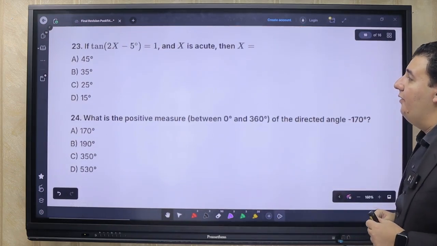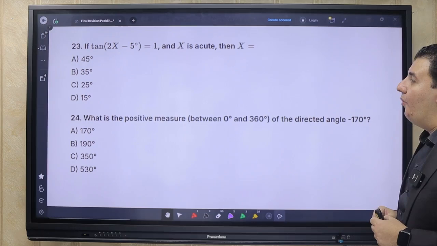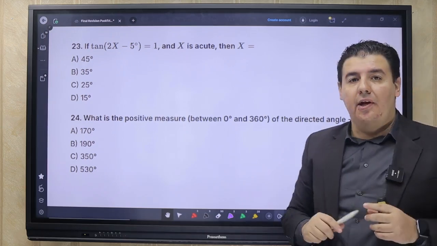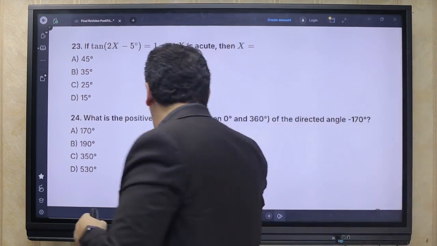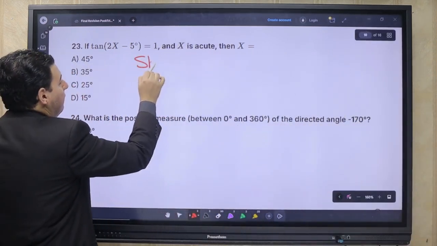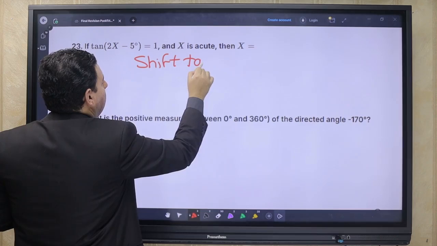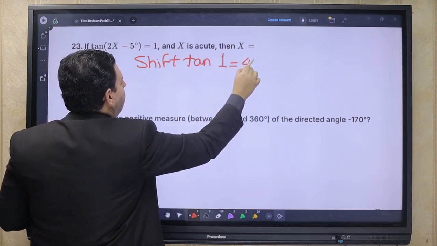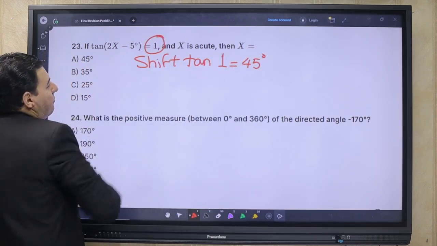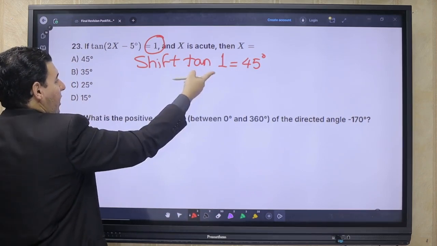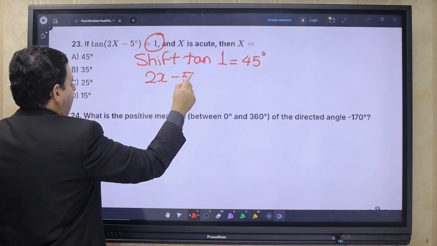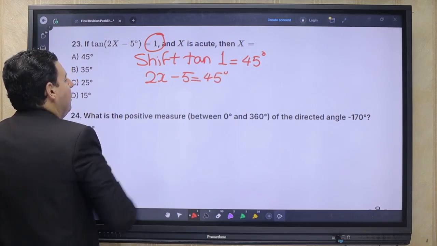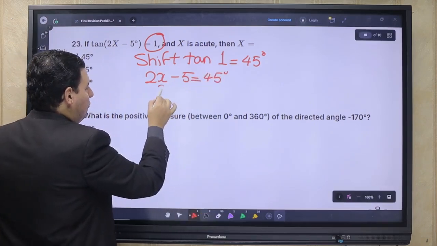23. If tan of (2x minus 5) equals 1, and x is acute, then x equals what? First, we are going to use shift tan to find the value of the angle. Shift tan 1 equals 45 degrees. So this is the angle, in a bracket, 2x minus 5. It's equal to 45 degrees. And I will solve this equation to find the value of x.